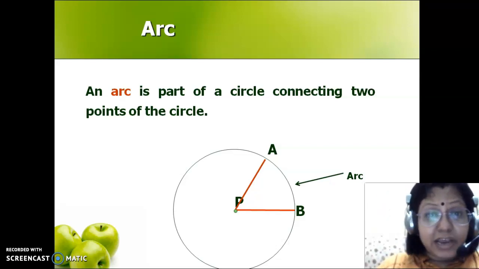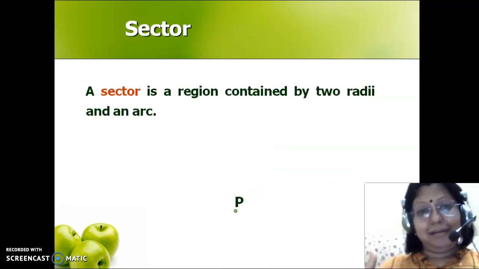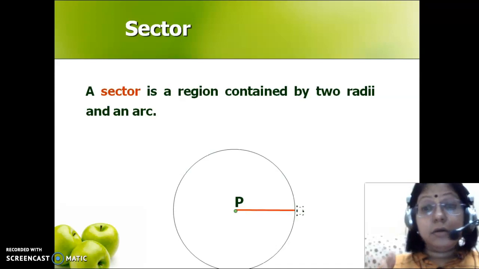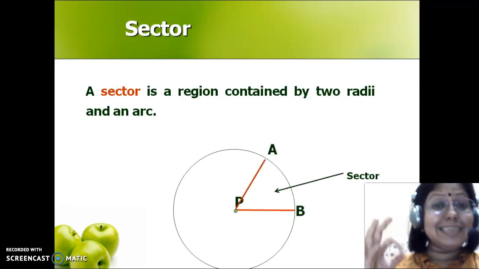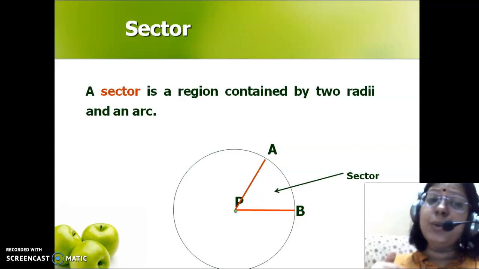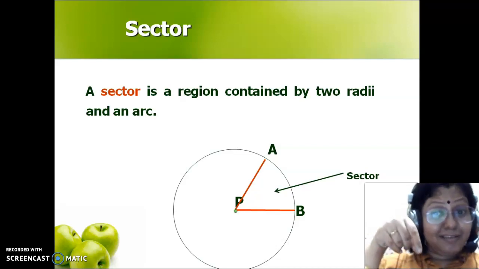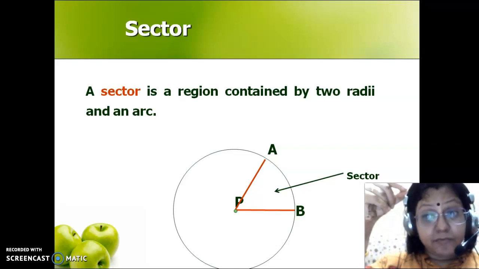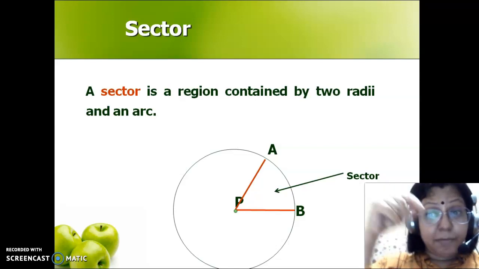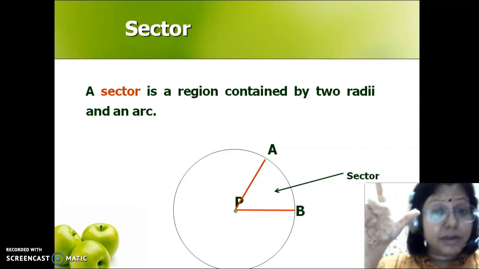So let us move ahead to learn the new concept, that is sector. Now what is sector of a circle? A sector is a region contained by 2 radii and an arc. I hope you all know what is radii. I have told you that fixed point is center, and when the fixed point is joined to a point on the circle, that is nothing but your radius.